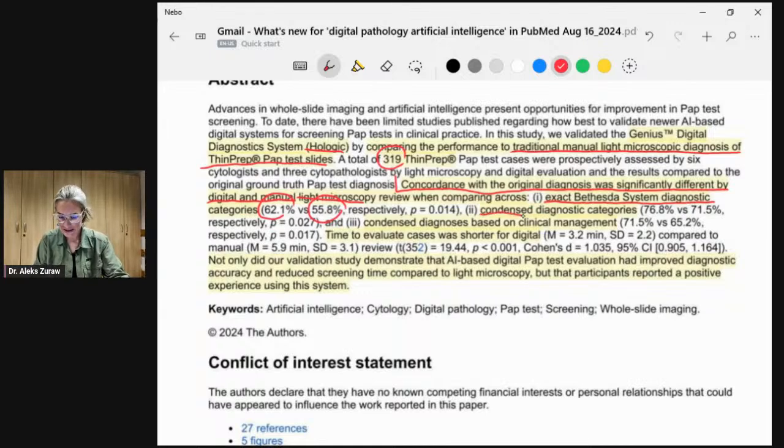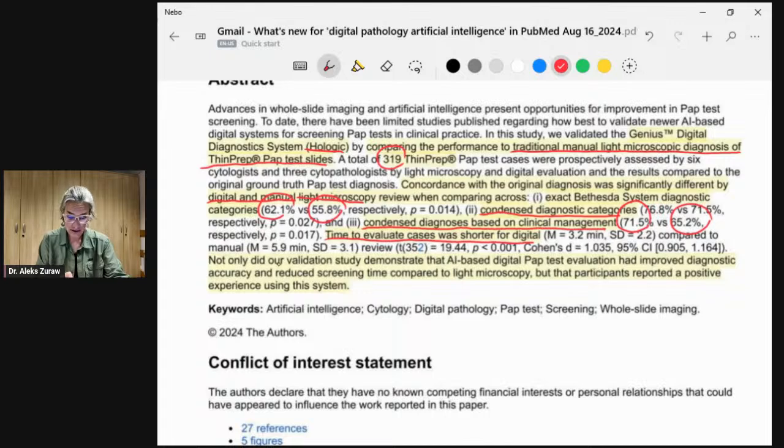Then we have condensed diagnostic categories, and we have 76 for digital, 71 for non-digital. And then we have also condensed diagnosis based on clinical management. And here we have 71 versus 65, digital versus non-digital. And also time to evaluate cases was shorter for digital.